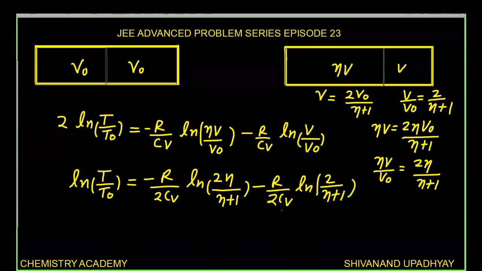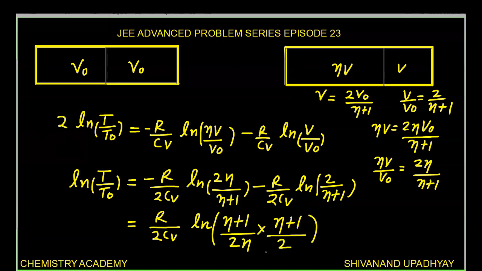So now if I further simplify this, this minus, if I take it inside, and if I take R upon 2 CV common, I can put this minus inside this log and I can simplify it. This will be eta plus 1 by 2 eta into eta plus 1 by 2, right?